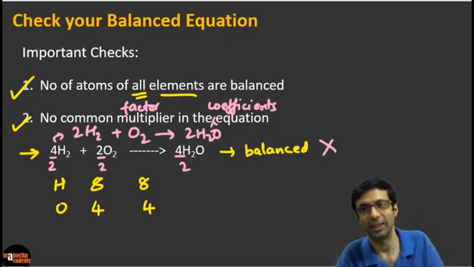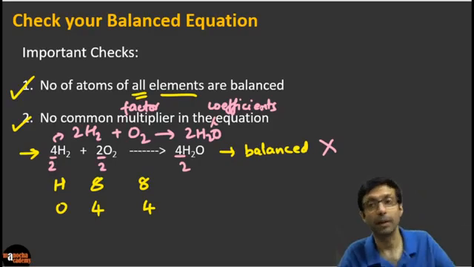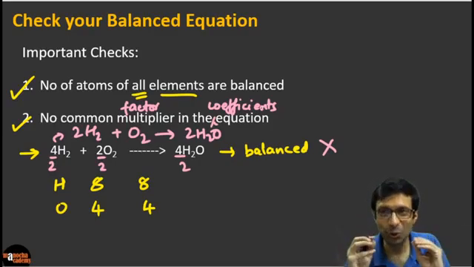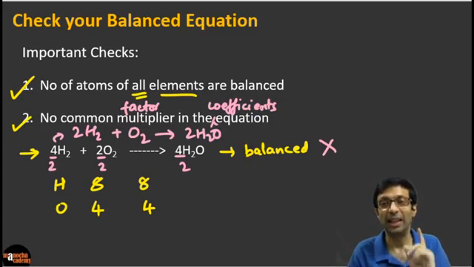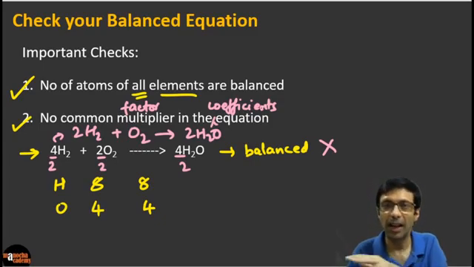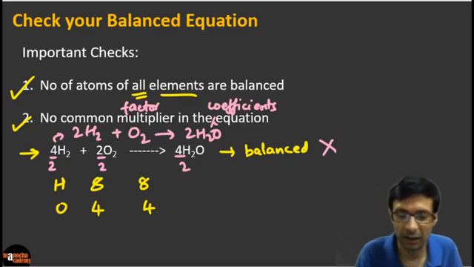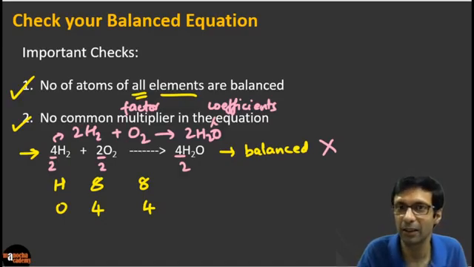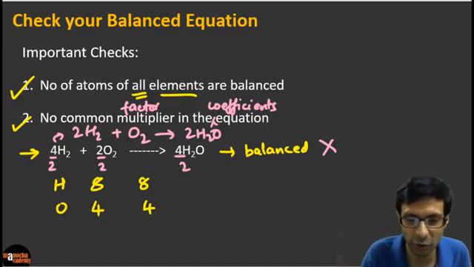Your equation may be correctly balanced, but multiplied by 2 or by 3. So don't be generous with your numbers. Try to use the smallest numbers possible. This is a very, very important tip. At the end, make sure there's no common factor in the coefficients. Otherwise, you can simply balance it correctly just by dividing it by 2.